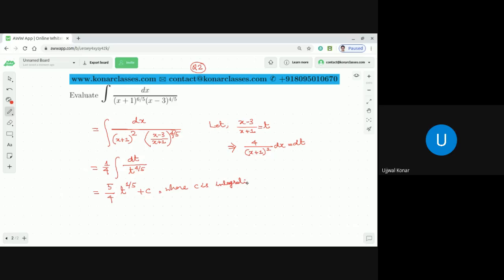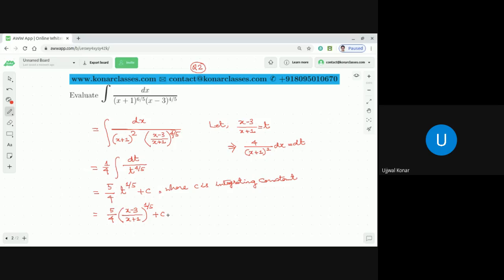Tisha, you got it? Okay. Then finally we get back the value of t, that will be 5 by 4 into ((x minus 3) divided by (x plus 1)) power 1 by 5 plus c.